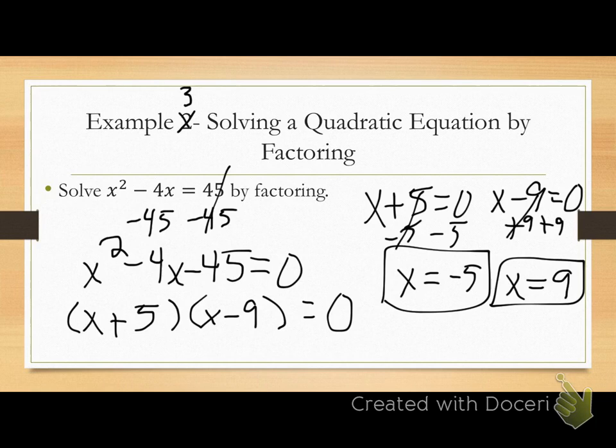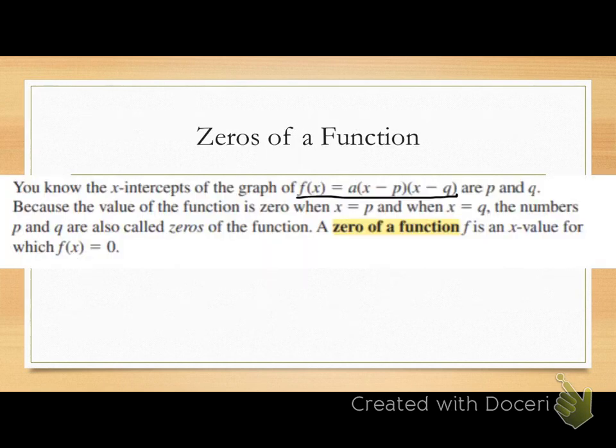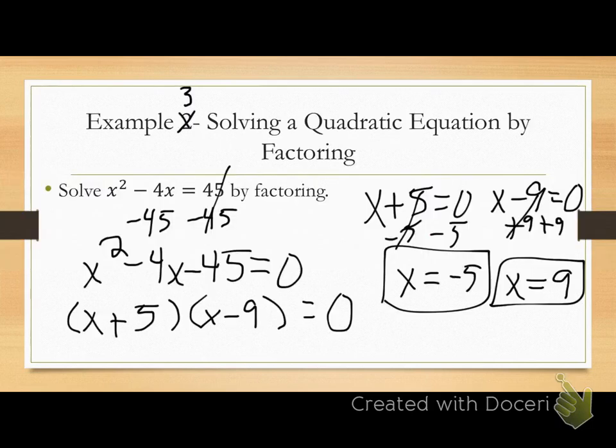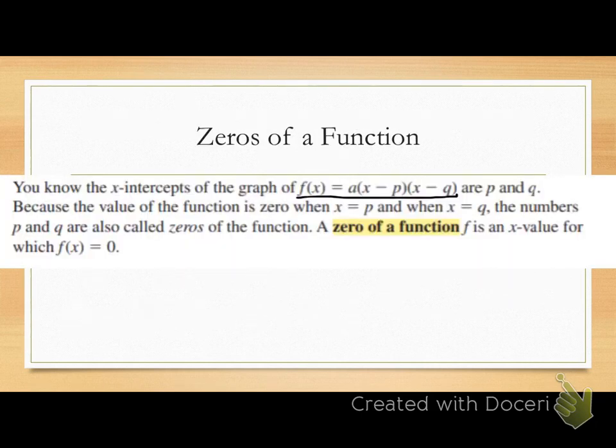Does everyone see that connection? It's the opposite sign of what's in parentheses. X minus p, x actually equals positive p. X minus q, x actually equals positive q. So it's just the opposite.